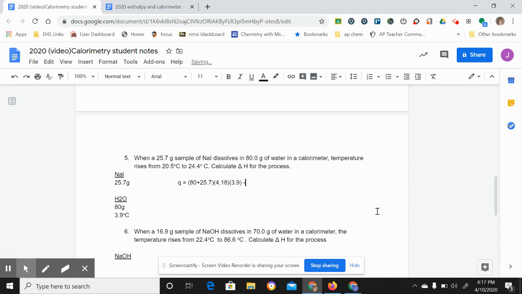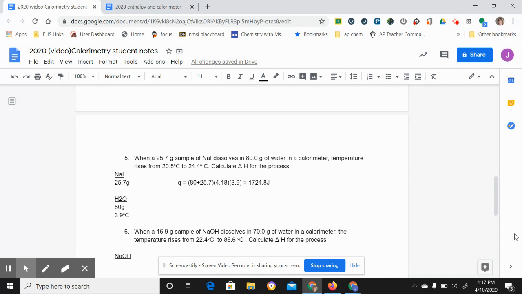If you do your math on that, you should get 1724.8. The unit on heat is joules. Okay, so that gives me my Q value.